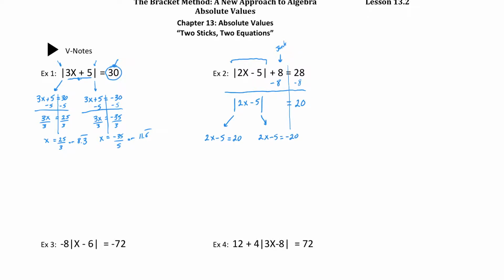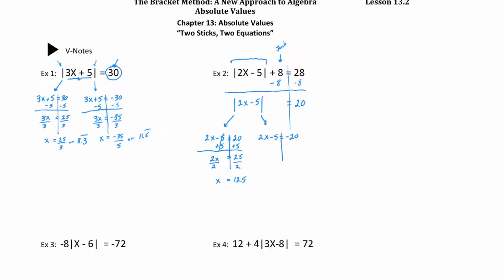Now remember, these arrows from these sticks, it's not mathematical. It's simply a way to remember it. 2 sticks, 2 equations. From here, most of you guys are so solid on solving, it becomes a no-brainer. Get rid of the junk. Looks like 2x equals 25. Divide by 2. And x equals 12.5.